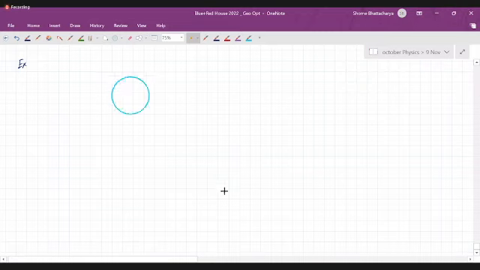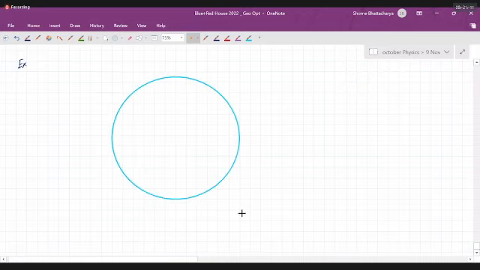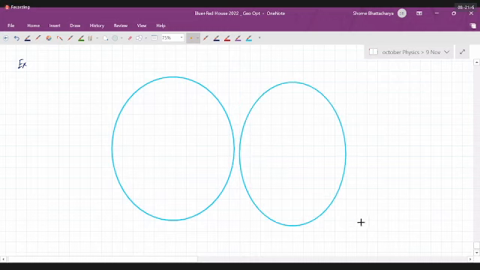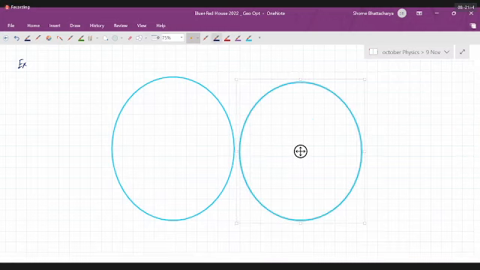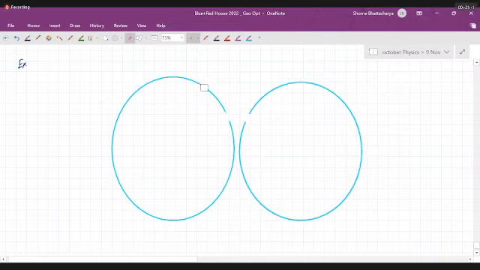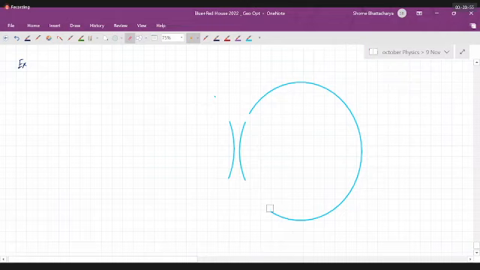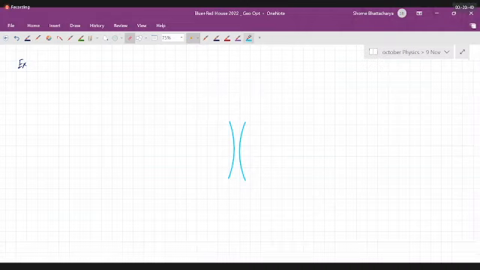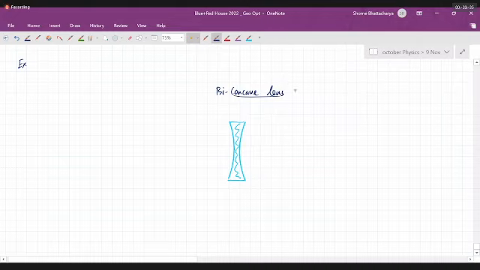Then we will generalize the formula later. Suppose it is a glass lens with refractive index 3/2.